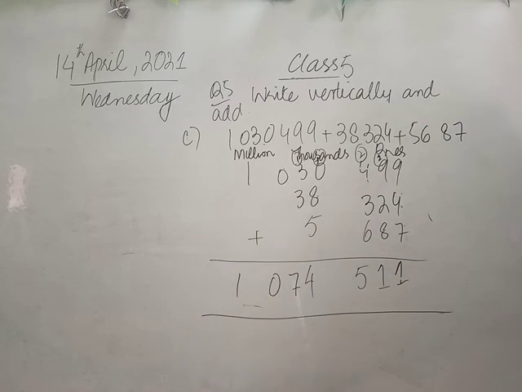So this is how we can write and solve numbers which goes up to million. Now I am going to read 1,74,511. So this is how class, this is all which is related to the lesson. Now if you find any difficulty related to this, you can ask me. Thank you. Allah Hafiz.